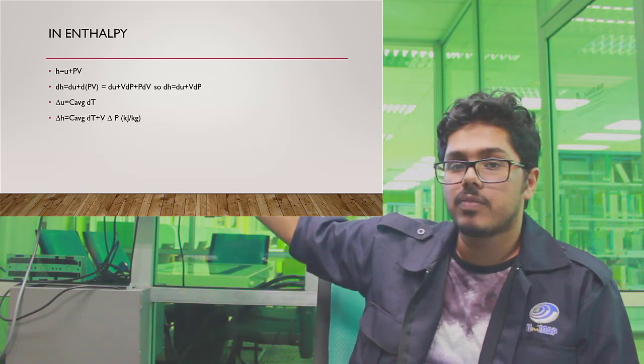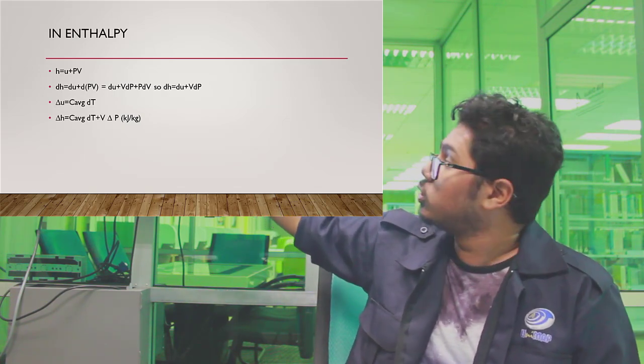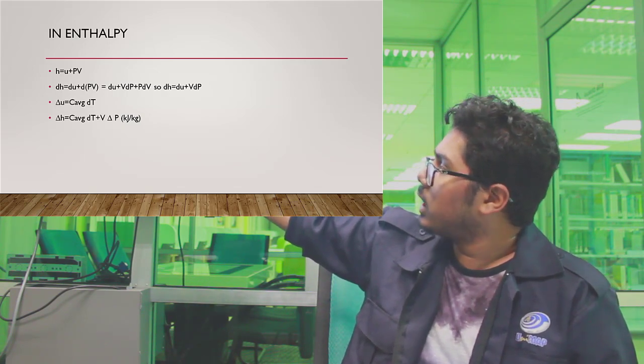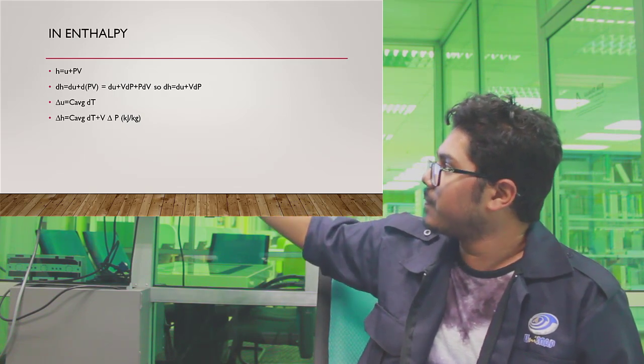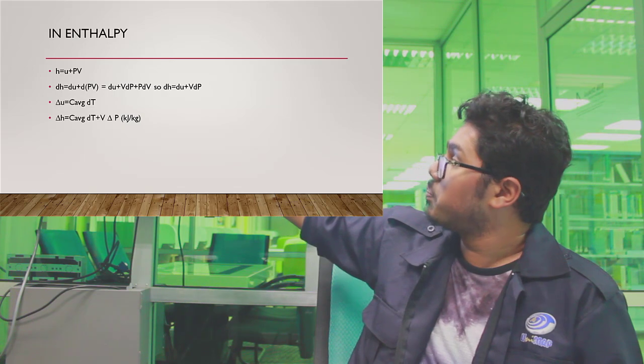In enthalpy, it will be a little bit different, because the enthalpy will equal U plus PV. That means the internal energy plus the pressure times the volume. If we differentiate it, it will be dH equals du plus d(PV) equals du plus V dP plus P dV.